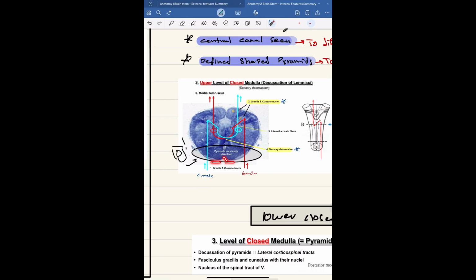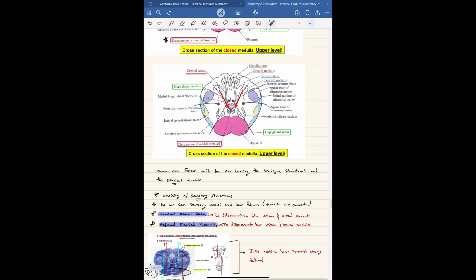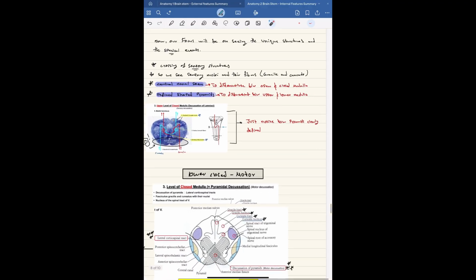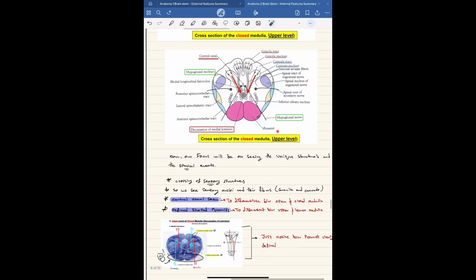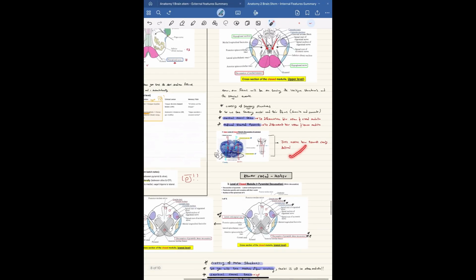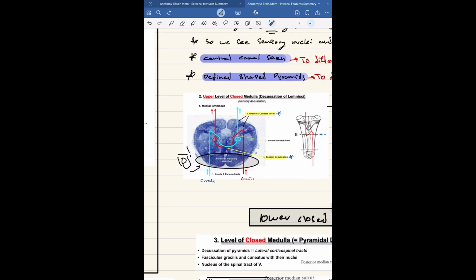See, clearly defined. Okay, with that we have covered the structures and how to identify each one. This is again for you to look at. These are pyramids that are clearly identified.